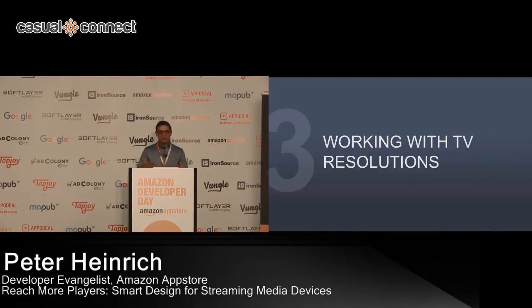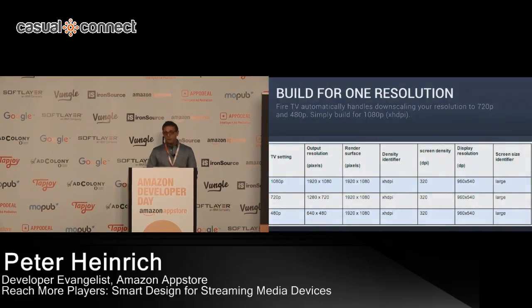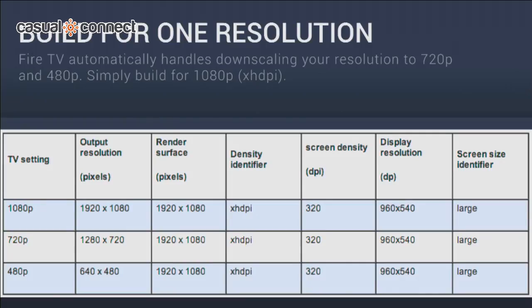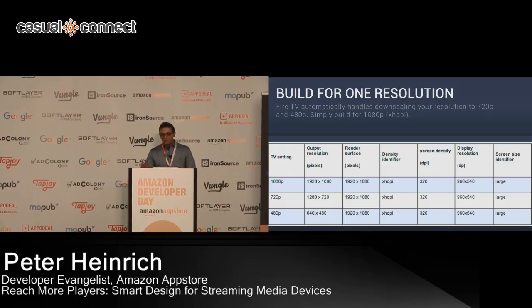Okay, so moving on, let's talk about TV resolution and what that means for your game as you migrate it from mobile. The good news, on Fire TV at least, is that you probably don't have to do anything special to support the native resolution that's displayed on most televisions. You can follow standard Android programming practices with respect to screen density and resources, and the OS, that is the Fire OS system, will automatically handle the rest.